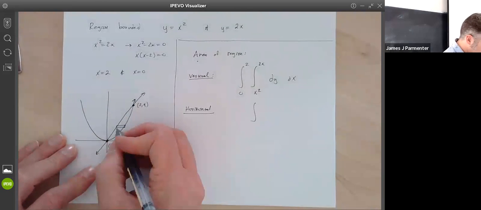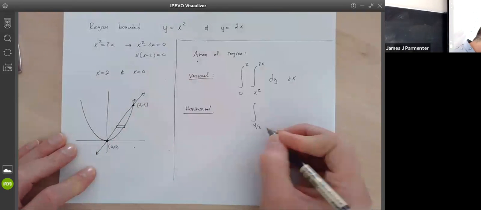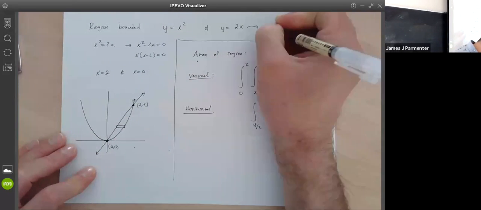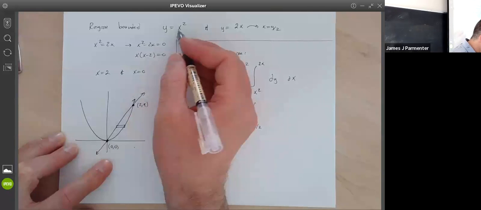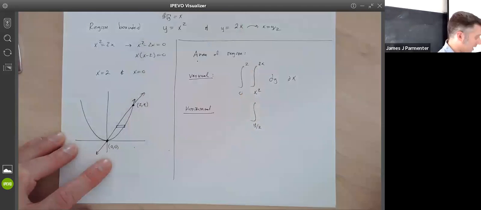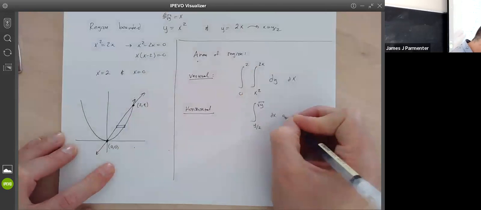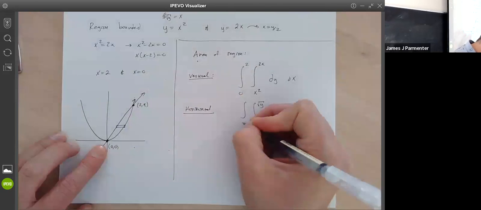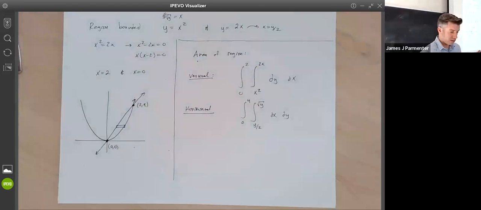So it's going to be x equals y over 2. And then my right-hand limit is going to be y equals x squared, which is x equal to the positive square root of y, because we're on the side of the y-axis where x is positive. And then y is going to go from a low of 0 to a high of 4. So these are the ways you could describe the region.